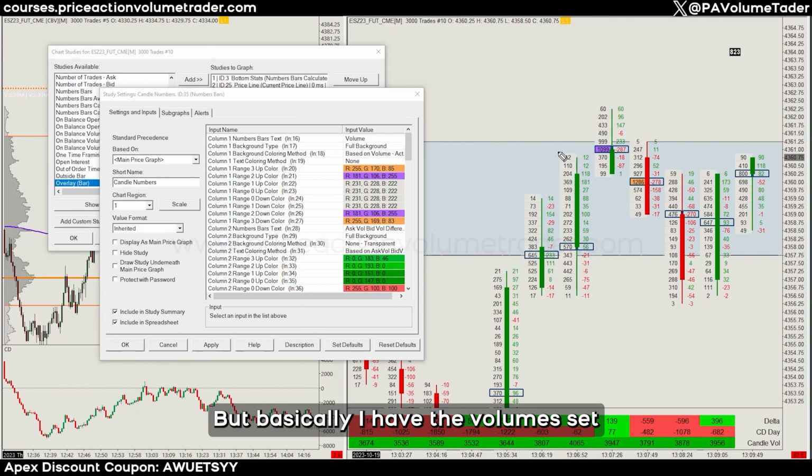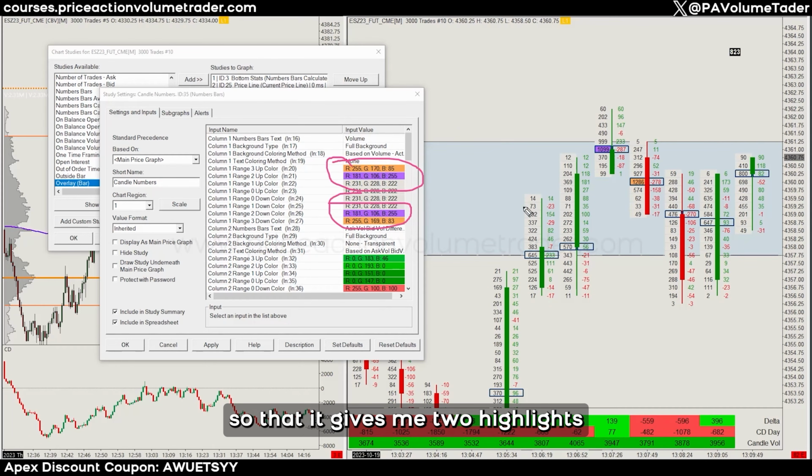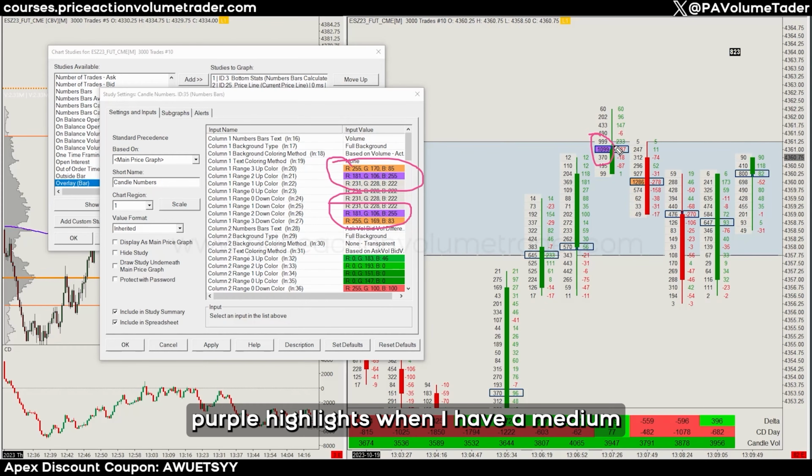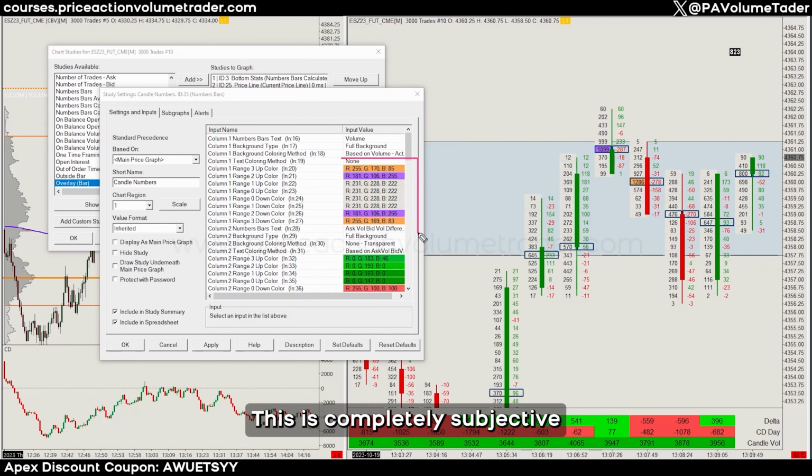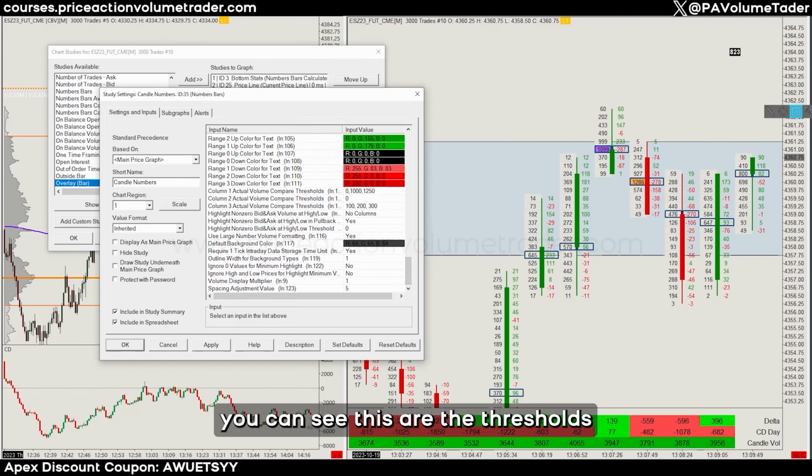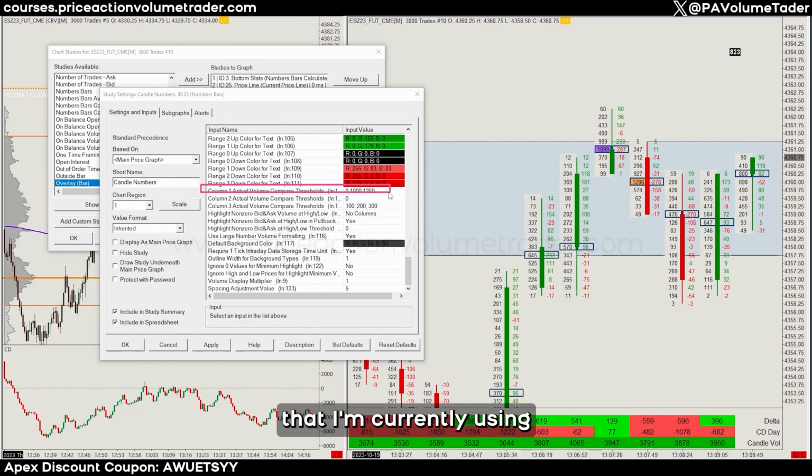But basically, I have the volumes set so that it gives me 2 highlights. It gives me purple highlights when I have a medium volume, and orange when it gets a high volume. This is completely subjective, and the amounts change a lot. If I go down here, you can see these are the thresholds that I'm currently using.